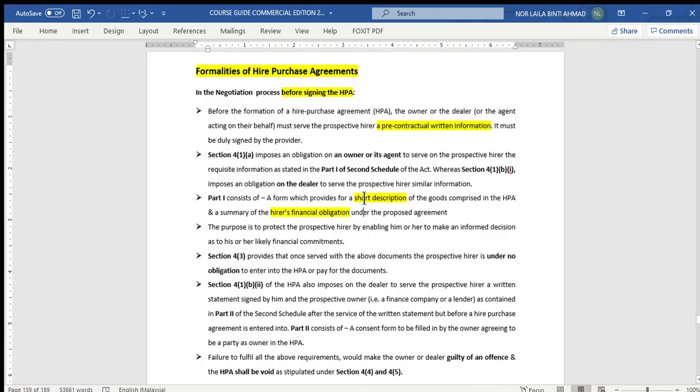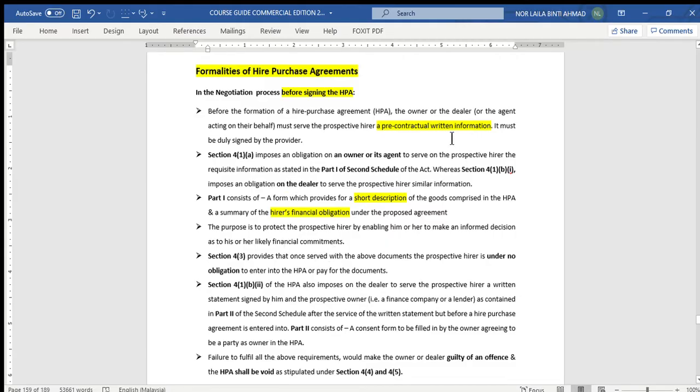It will give brief descriptions of the goods. For example, if you want to buy a Pro2 MyV under hire purchase agreement, it will state the model of the Pro2 car in the pre-contractual written information. They will give you short descriptions, and then the financial obligation, how much your monthly commitment is, for example.